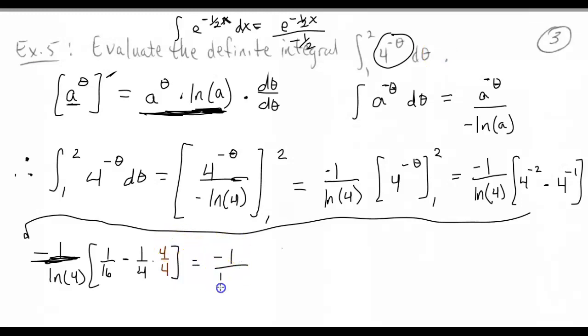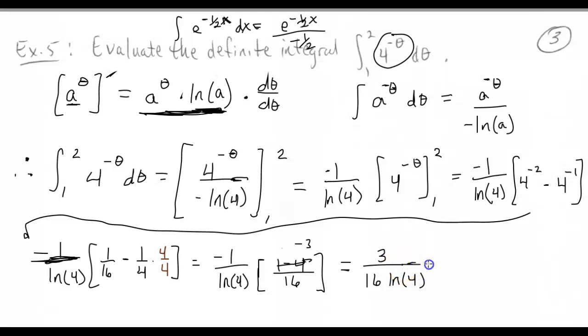So we have negative 1 over natural log of 4, and then this will be 1 minus 4 over 16. And this will end up being, of course, negative 3 here. And negative 3 times a negative 1 gives us a positive 3. And then this is 16 times natural log of 4.